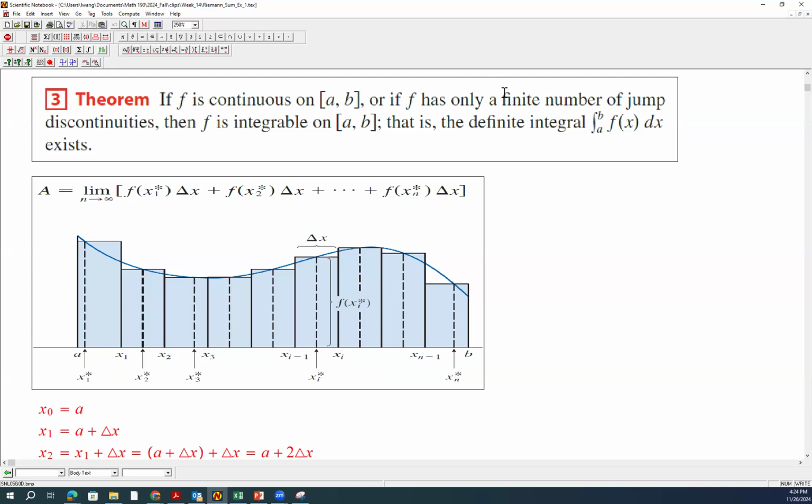What does that mean? It means delta x could vary. The first interval's delta x may be smaller than the delta x in the second interval. So it's uneven subintervals.